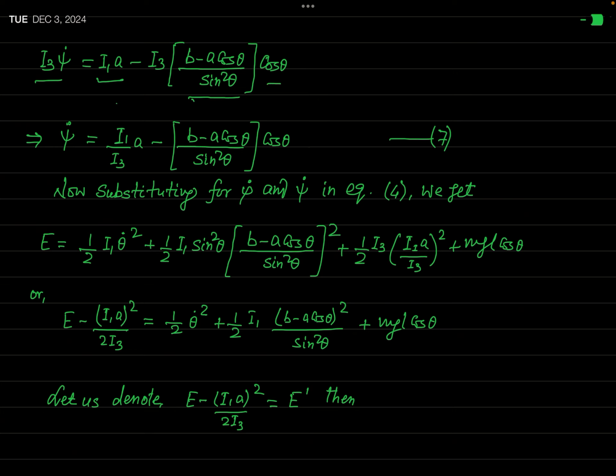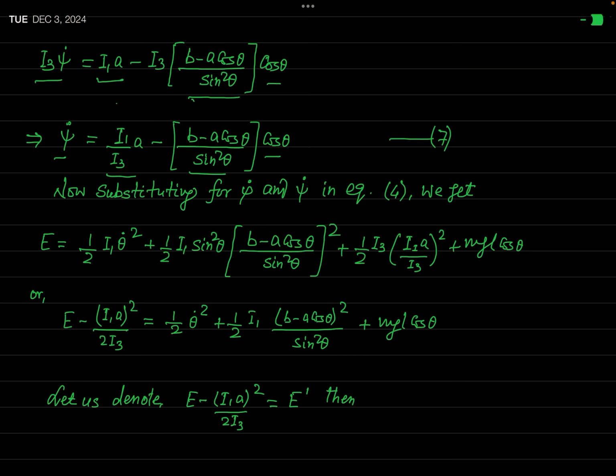Now psi dot will be what? We will divide the RHS by I3. So this is I1 over I3 times a, minus, in the second term I3 will cancel out, b minus a cos theta over sin square theta times cos theta. So this is the value of psi dot.